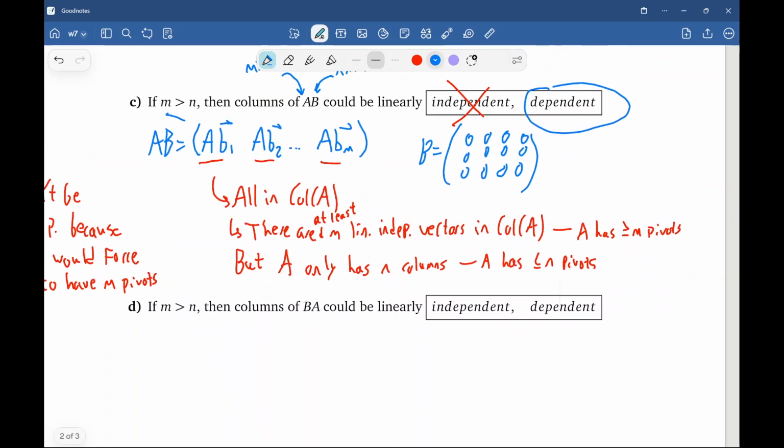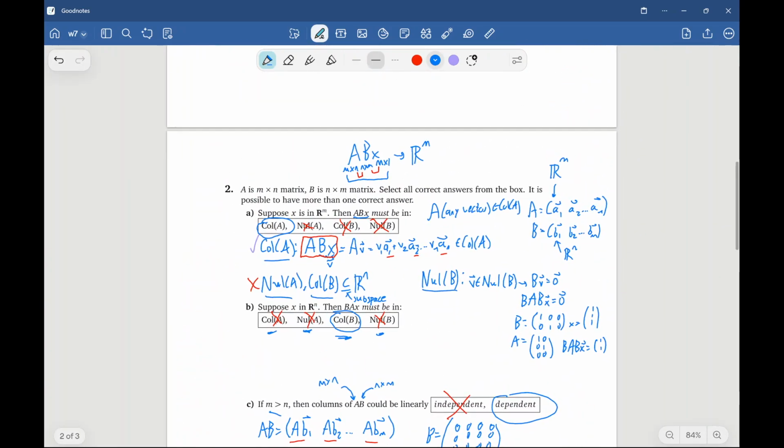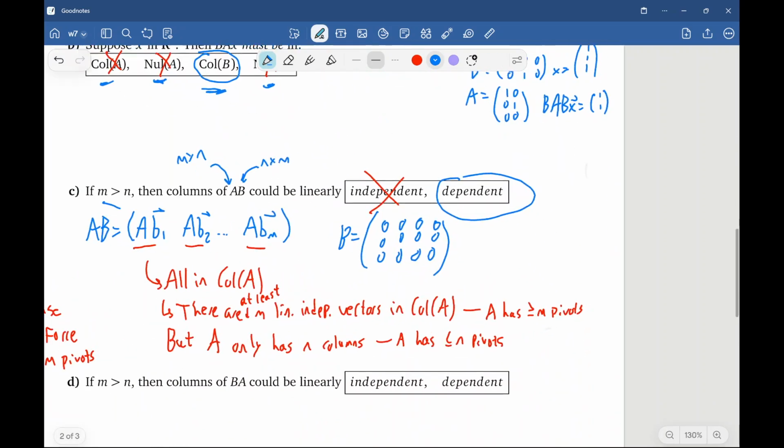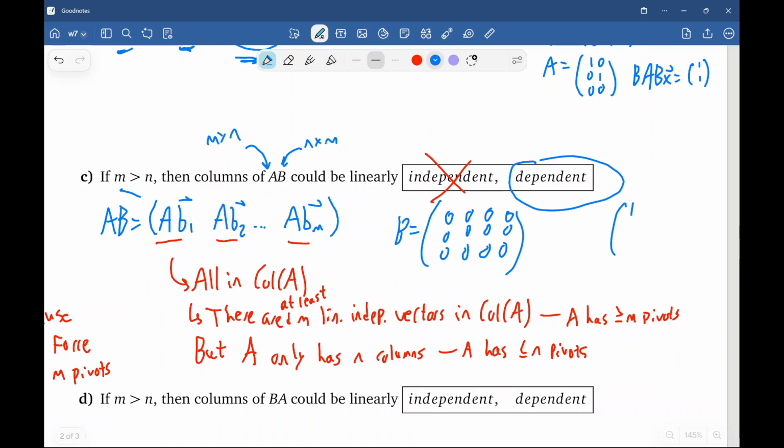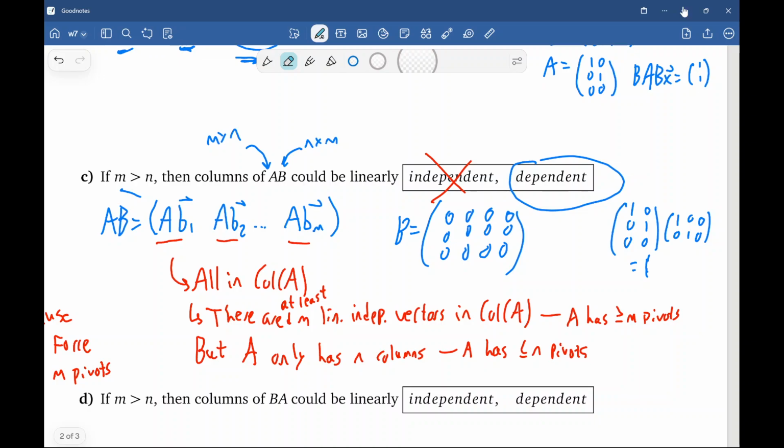You could have also just looked at an example here. M is greater than N, so A is a tall matrix, so you could have done something like this, multiply it by B, and just working out an example, this would give you 1, 0, 0, 0, 1, 0, 0, 0, 0.